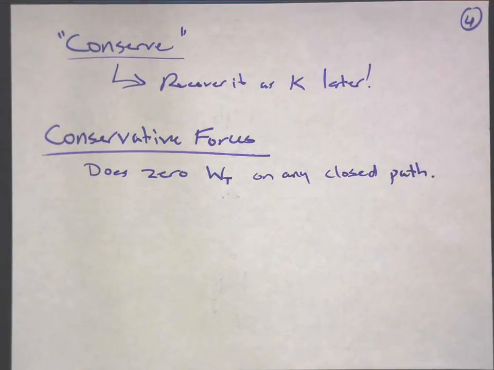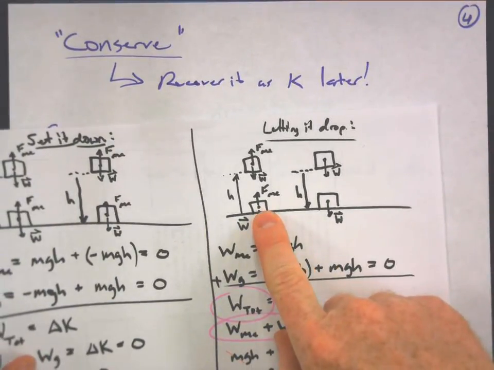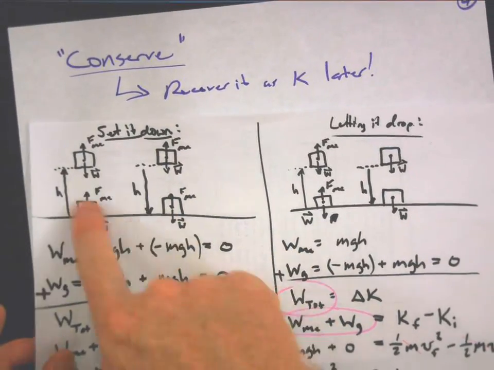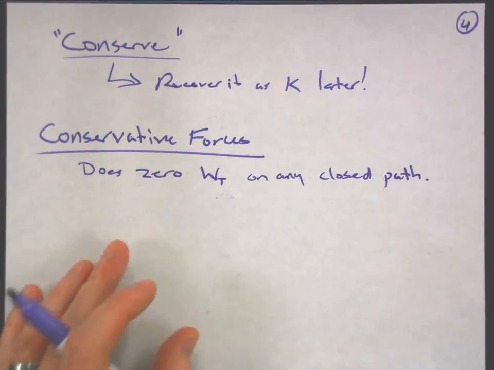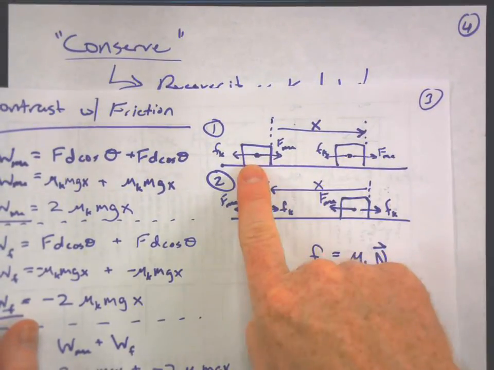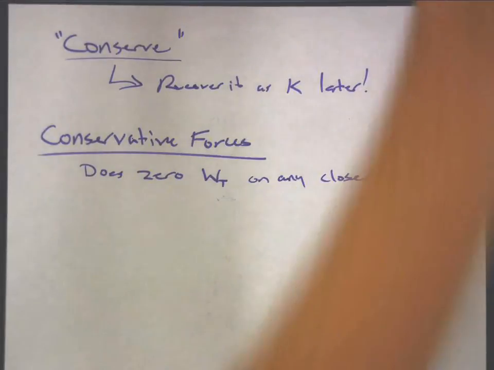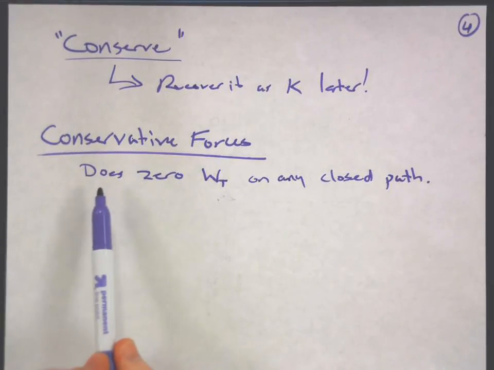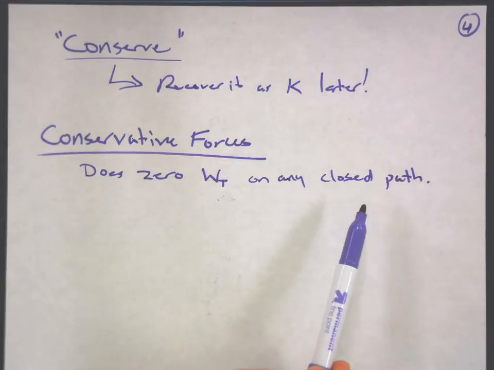Well, that's what we did with gravity, right? We started at the bottom and ended up at the bottom. Same thing in setting it down, essentially, too. And we did the same with friction as well. So we started here and ended there. But there is a significant difference here, okay? A conservative force does zero total work on any closed path.